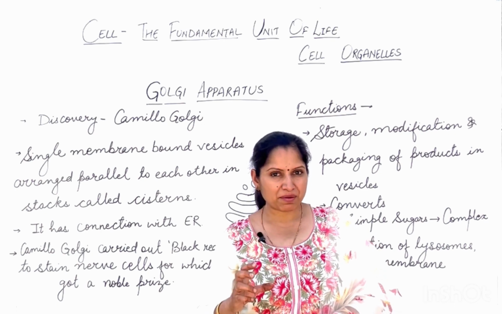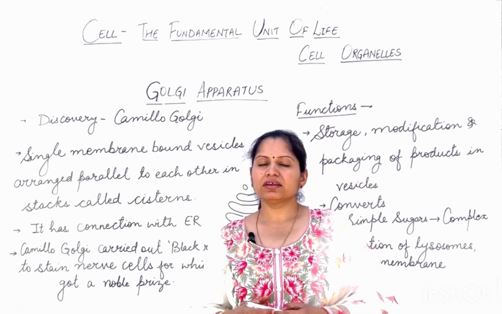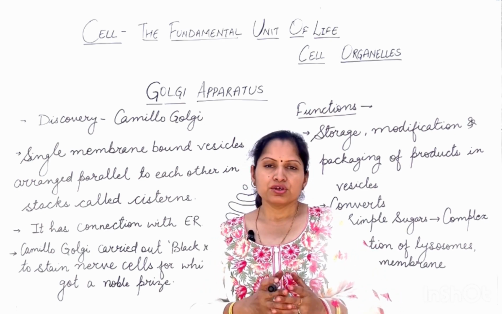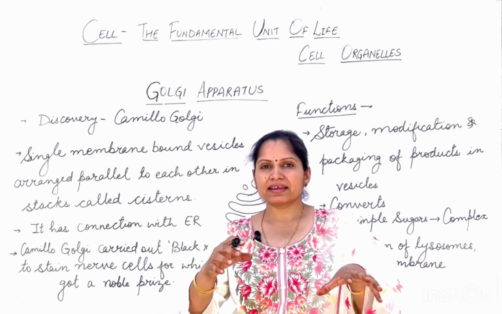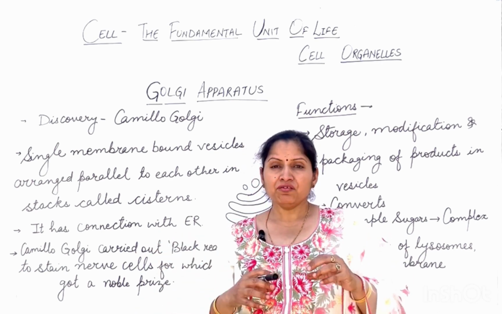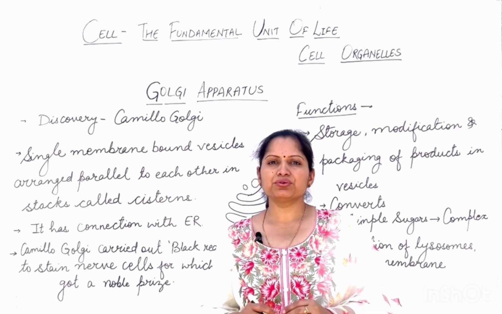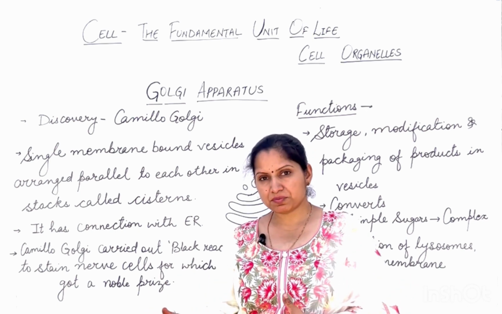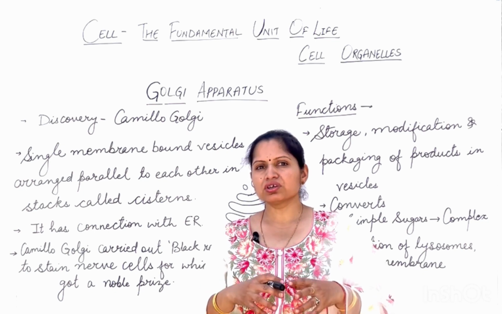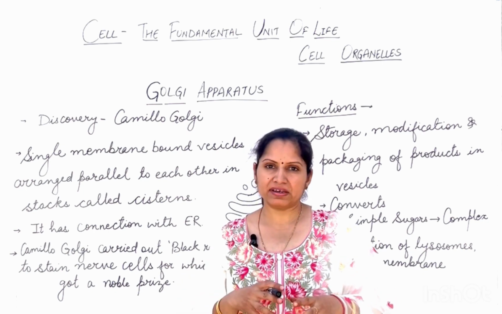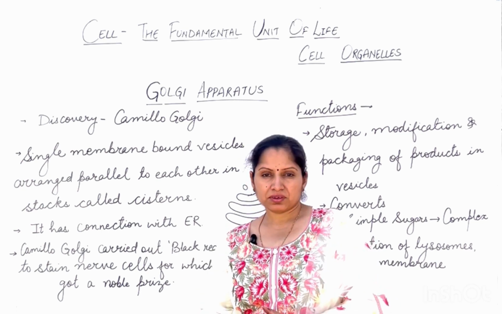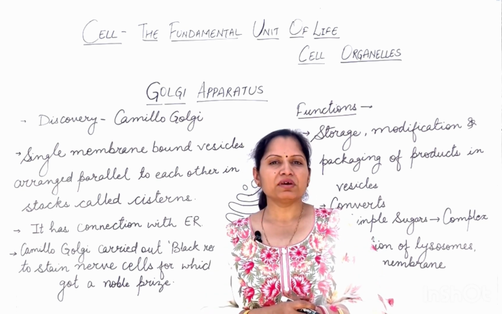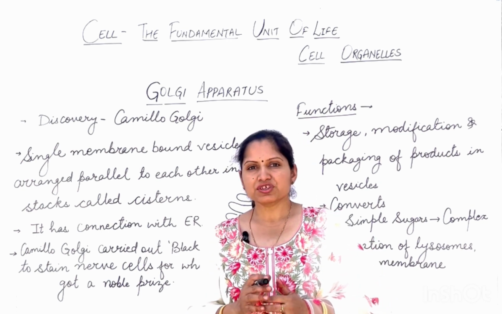We can understand the functioning of the Golgi apparatus by comparing it with a chips factory. Suppose our endoplasmic reticulum is just like a farm. Any factory you set up, you prefer to set up in a place close to the area where the raw materials are available. For a chips factory, the raw material is potato.